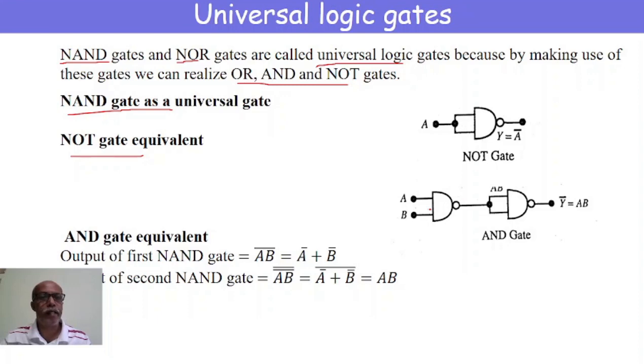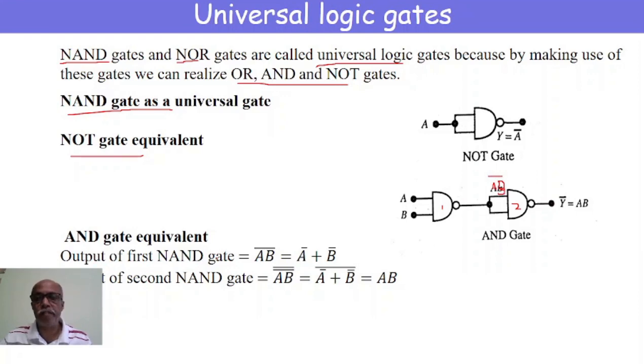Similarly, the NAND gate can be used to realize the AND gate. In order to realize the AND gate, we need two NAND gates, NAND gate 1 and NAND gate 2. At the first NAND gate, we have two inputs A and B, whose output is (A·B) complement.